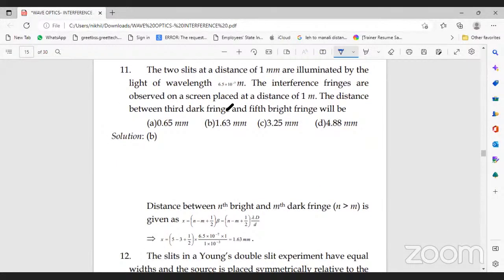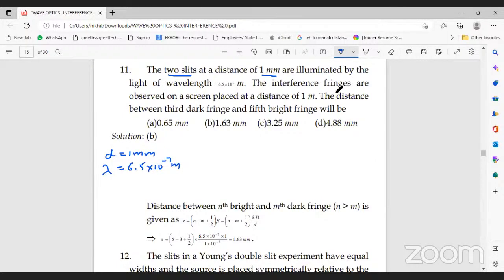Come to the next problem. Yesterday I have given the hint for this. Two slits are separated by what distance? 1 millimeter. What about the wavelength? 6.5 into 10 to the power of minus 7.